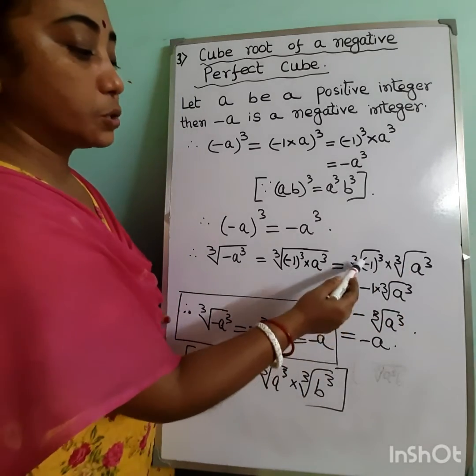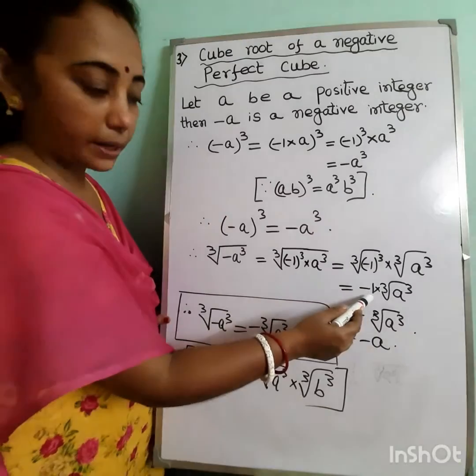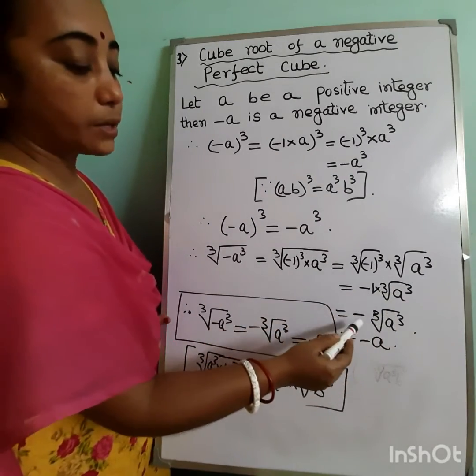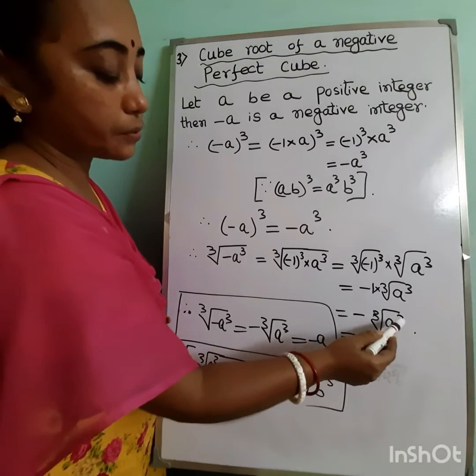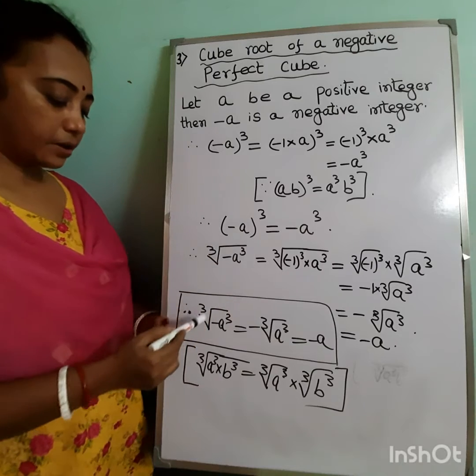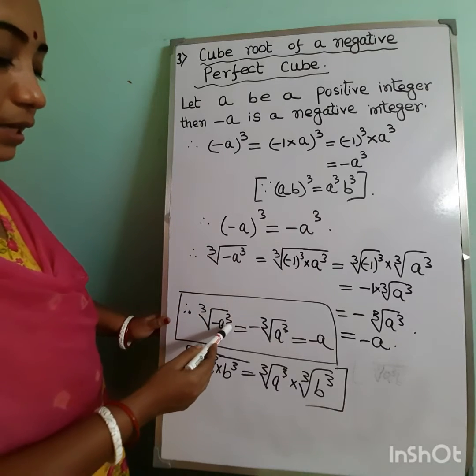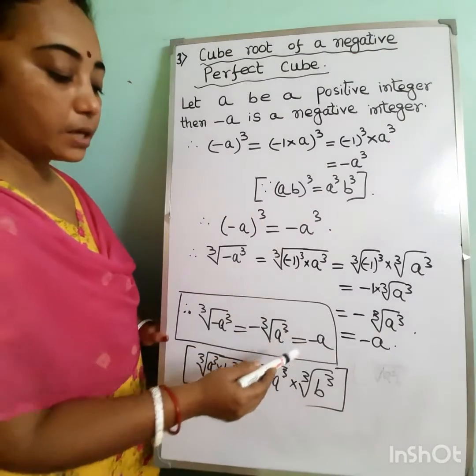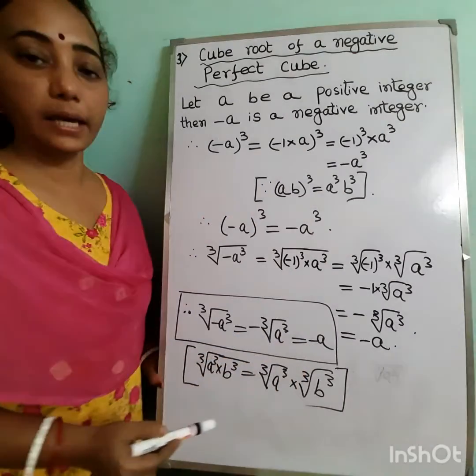That gives minus 1 into the cube root of a cube, which is minus a. So the cube root of minus a cube is equal to minus of the cube root of a cube, which is equal to minus a.